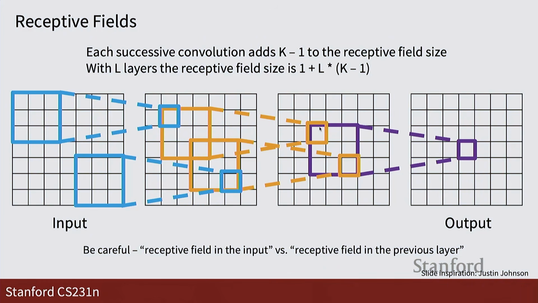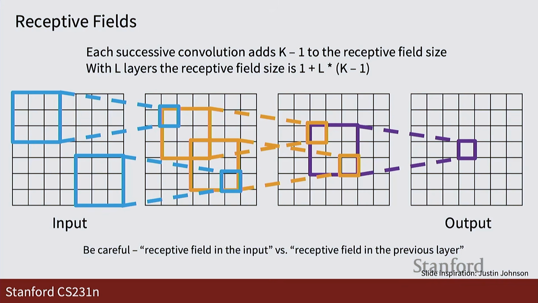But each one of those entries depends in turn on a local region in the layer before it, which depends in turn on a local region in the layer before it. So even though each individual convolution is looking at a local neighborhood in the layer before it, as you stack up convolutions in a bunch of layers, the effective size of the original input that each of those convolutions is looking at grows over the course of the network.